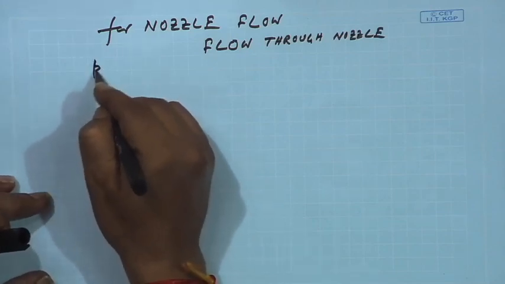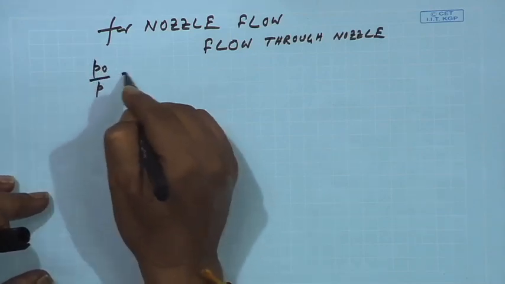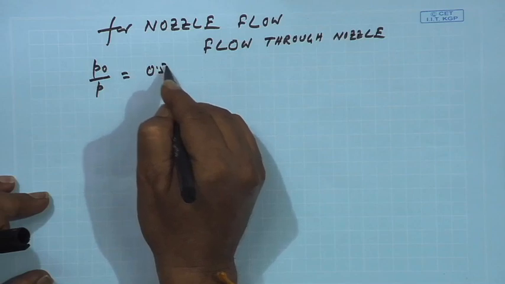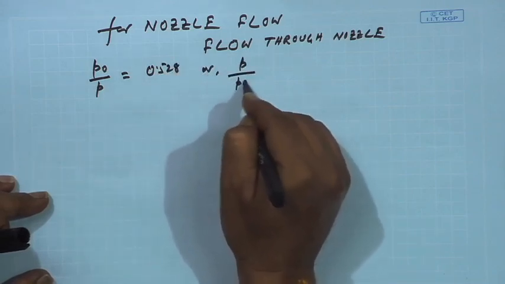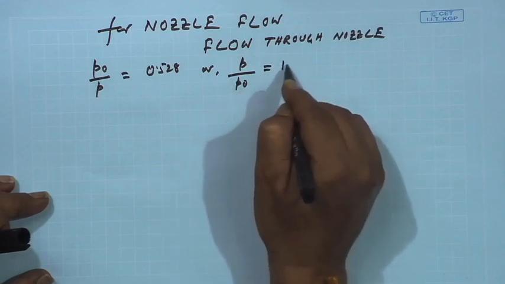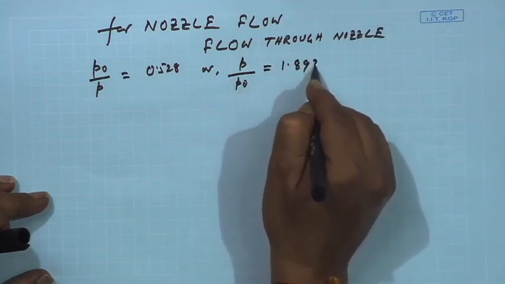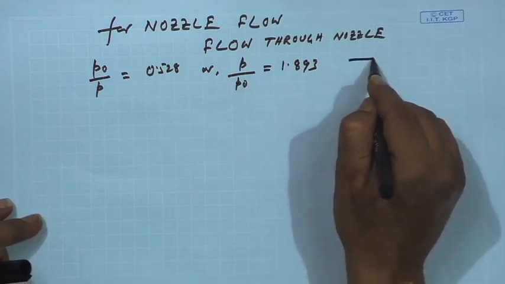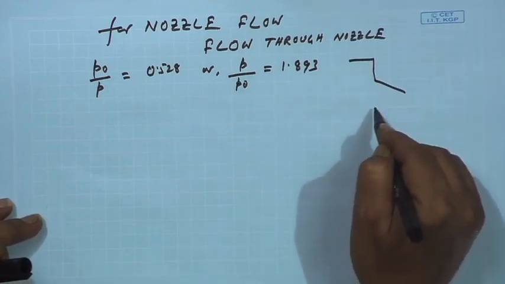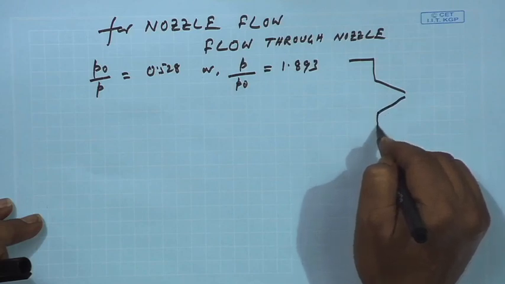We have seen that P0 over P is equal to 0.528, or P by P0 is equal to 1.893. What does it imply? It implies that we said this was the nozzle, right?